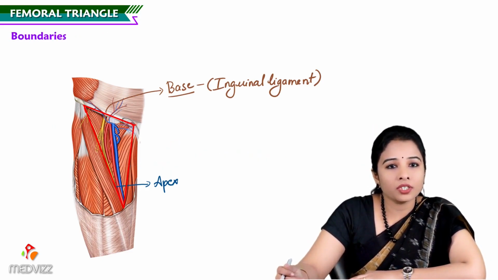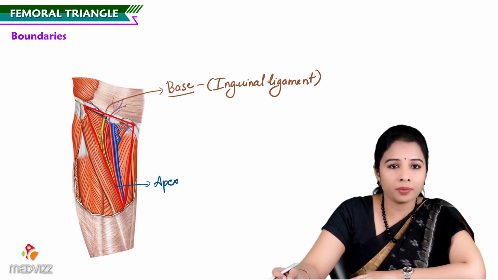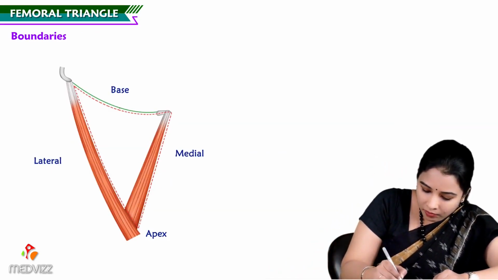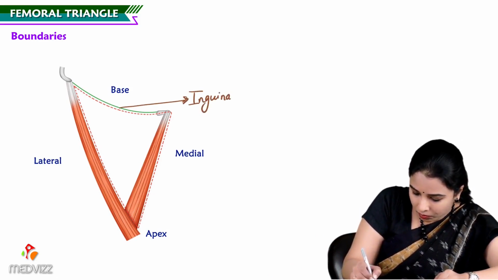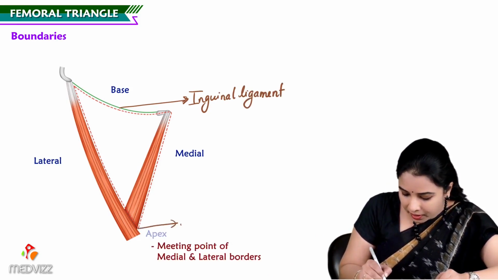And let's see the boundaries of femoral triangle. It has got a lateral boundary, medial boundary, base and apex. So here is the outline of the femoral triangle. Base is formed by the inguinal ligament. Apex is formed by the meeting point of medial and lateral borders.